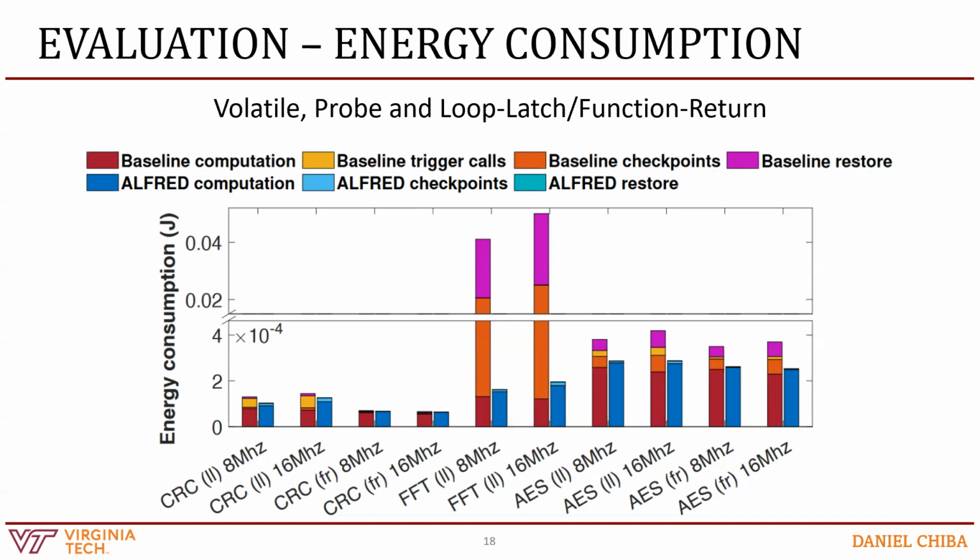And so FFT is the most computationally intensive of the 3 benchmarks they chose. And therefore, you see the biggest gains for FFT, right? Orders of magnitude less energy used compared to CRC and AES. But in every case, they do use less energy compared to the baselines.